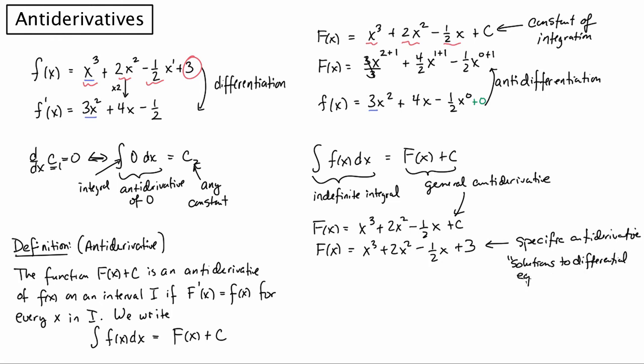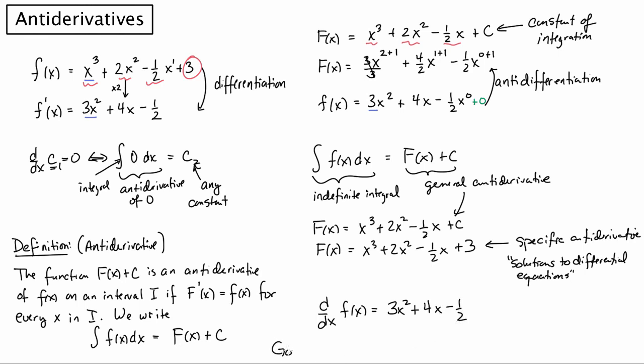And so I want to close out this video by looking at what the setup is for a differential equation and show how this antiderivative is the way that we go about solving differential equations. So the example here is, suppose I take the derivative of a function f of x, and the result of that is 3x squared plus 4x minus 1/2.